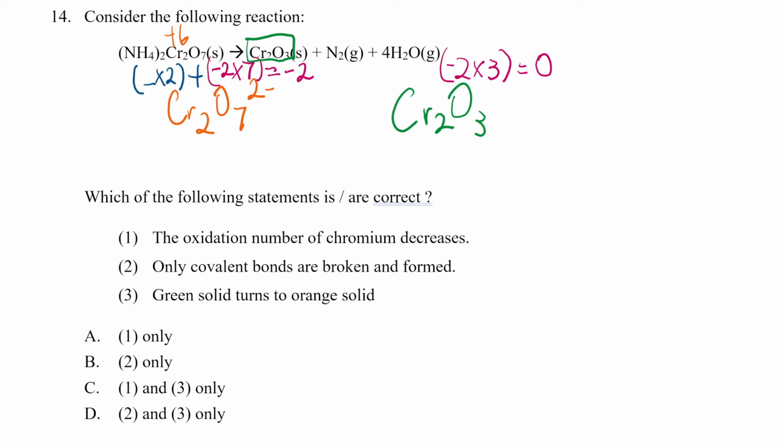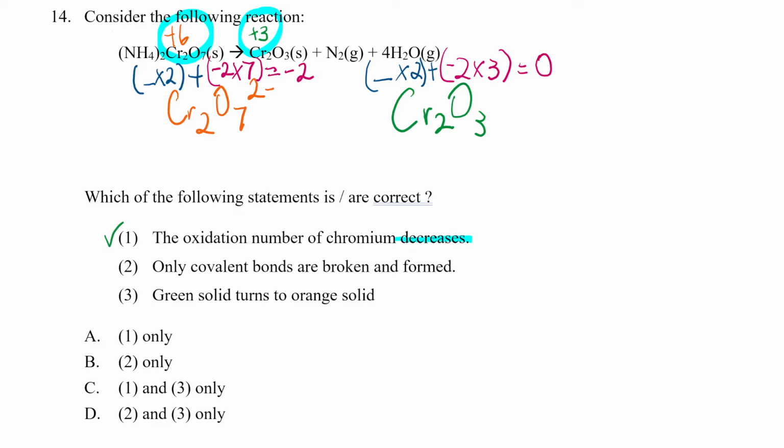And finally, for chromium, which is what I need to find, don't forget there are 2 of them here, so times it by 2 and add the plus sign. Now you can do the math, and eventually you'll get that the oxidation number of this chromium is +3. You can see the oxidation number was +6 initially, and now it is +3. Obviously it has decreased, so option 1 is correct.